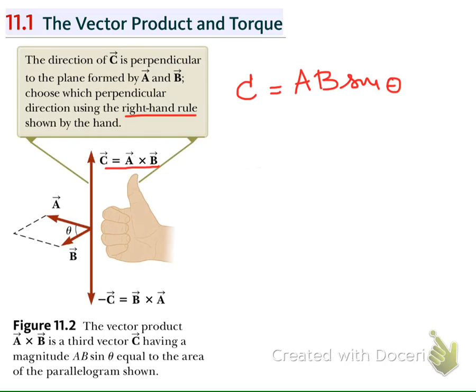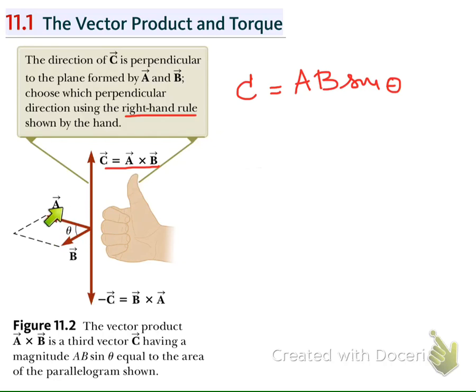As in this figure, if we want to find the direction of A cross B, let's first define the direction of A along the forefinger. So the direction of A is along this direction, and the direction of B points out of the palm like this.